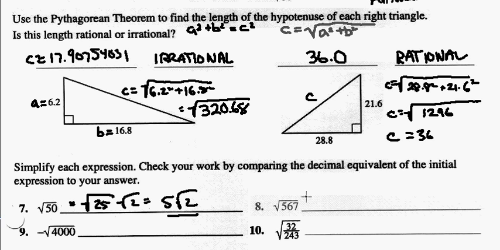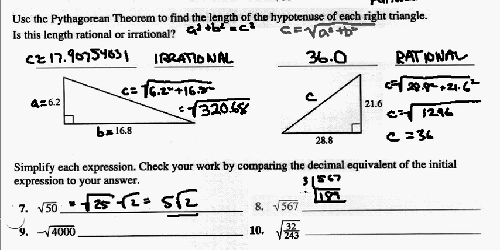567. So I'm thinking to myself, 5 and 6 is 11, 11 plus 7 is 18, so that's divisible by 3. So if I go 567 and I divide that by 3, 567 divided by 3 gives me 189. And 189 is divisible by 3.